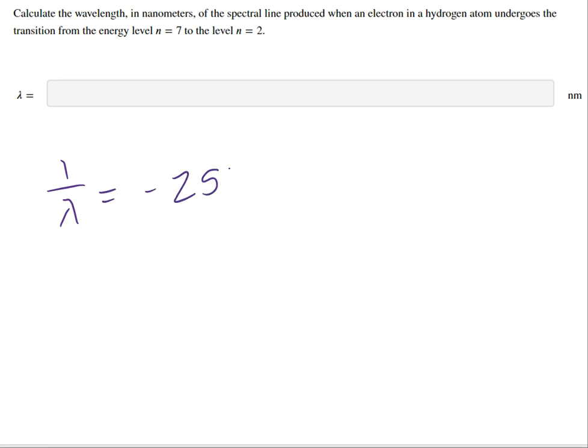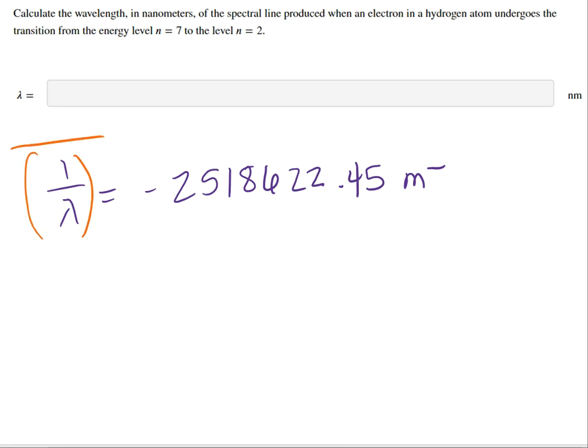Then we have to think about how we would actually calculate the wavelength, because that's what the problem is asking us for. In order to calculate the wavelength, if this is 1 over the wavelength, we have to flip it. So we have to imagine 1 over all of this. When we do 1 over the wavelength, that's going to leave us simply with the wavelength.